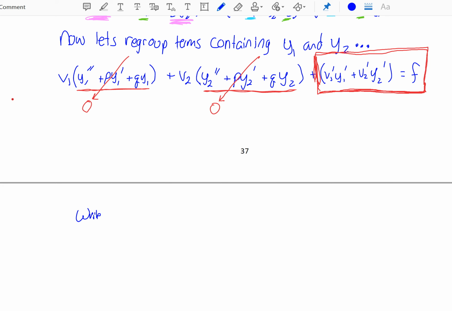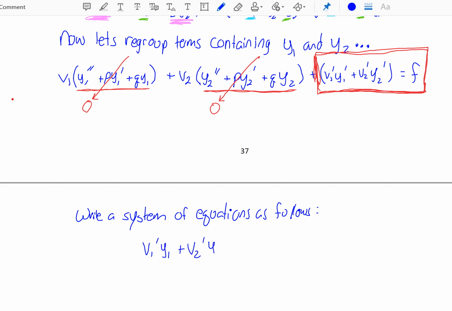Let us now write a system of equations as follows. From our first one, we had v1 prime y1 plus v2 prime y2 equals 0.